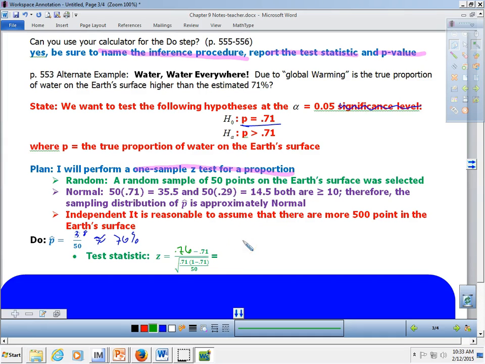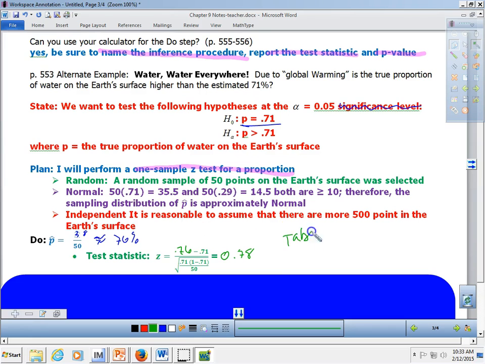When we do that calculation, and I'll do that for you real quick, that Z-score should be about 0.78.